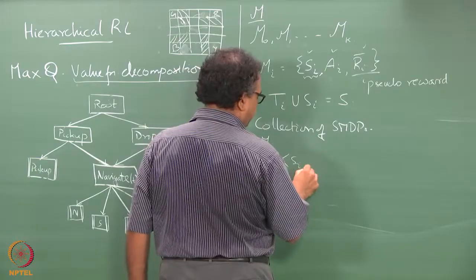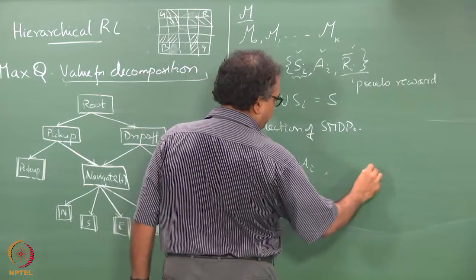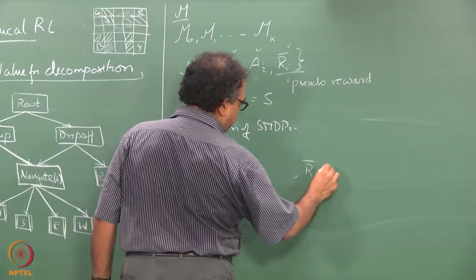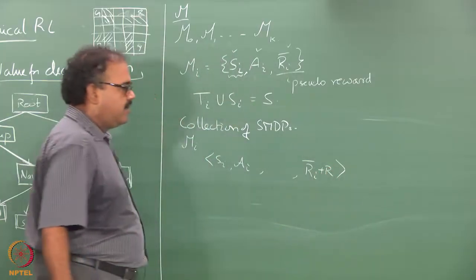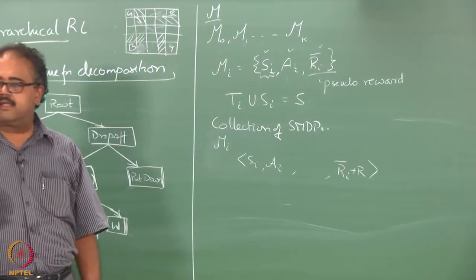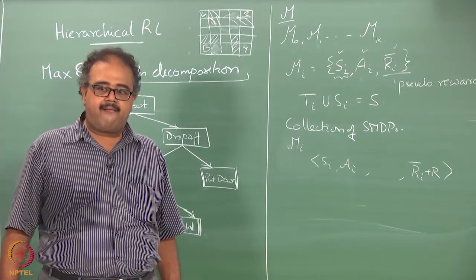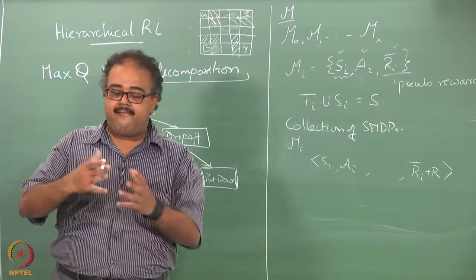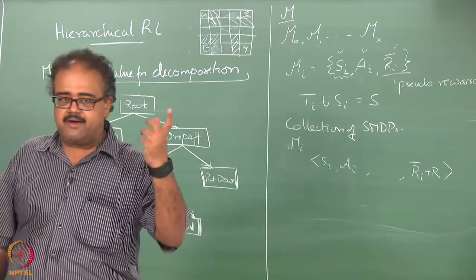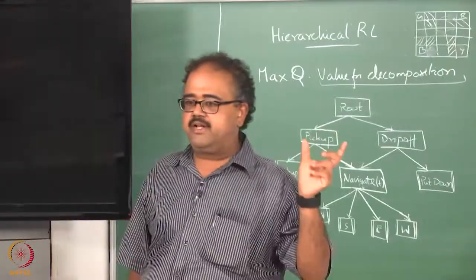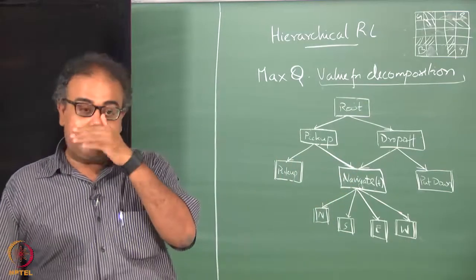So I have Si, Ai. What about the P? P is a little tricky. Now for P I have to define this joint distribution.